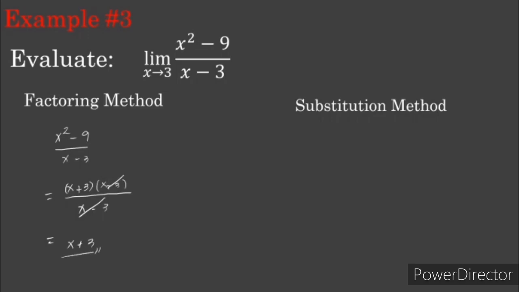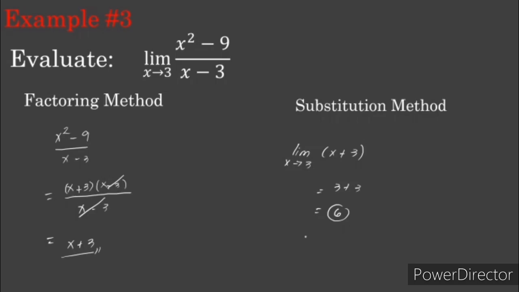Tsaka palang papasok yung tinatawag nating substitution. Paano naman yung substitution natin? Lalagay lang natin dito, the limit of x plus 3, yung nakuha nating final answer sa factoring, as x approaches to 3. It will become, yung x natin ay 3, so we have 3 plus 3. 3 plus 3 is equal to 6.